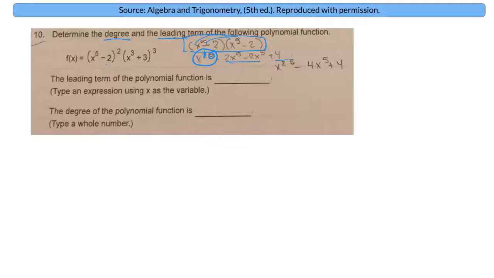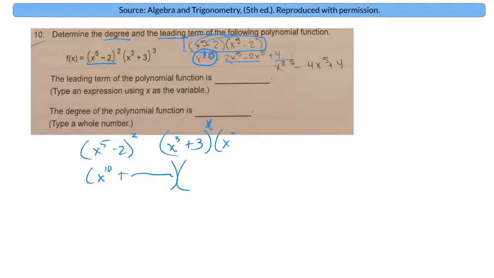So for this first one, when I multiply it out, I'll just write this down, and it's squared. When I multiply it out, the leading term is going to be x to the 10th plus some other stuff. Okay. Now, if I take the next one, x cubed plus 3 all to the cubed, that means there's 3 of those.